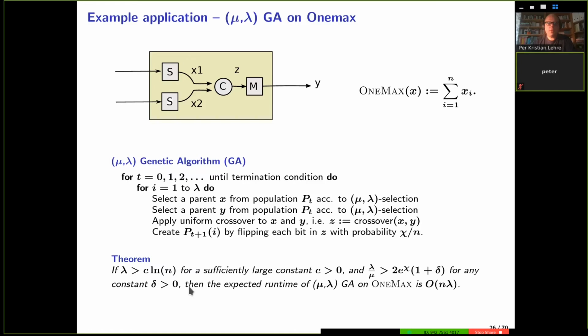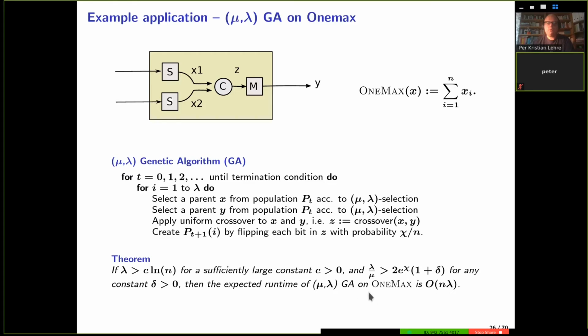If lambda is at least c times log n for some sufficiently large constant c, and the ratio between lambda and mu is at least 2 times e to the power of chi times (1 plus delta) for some constant delta, then the expected runtime of this algorithm is O(n times lambda).